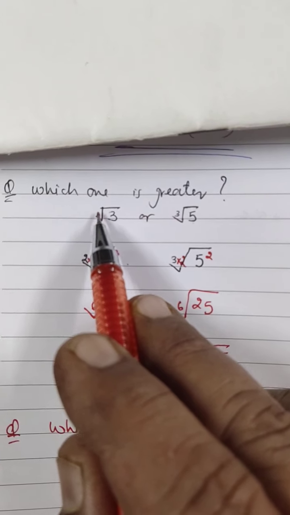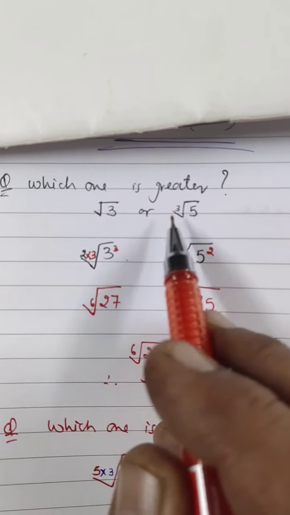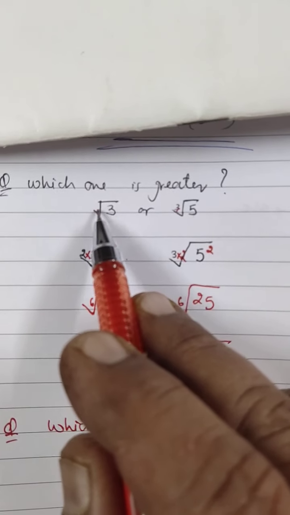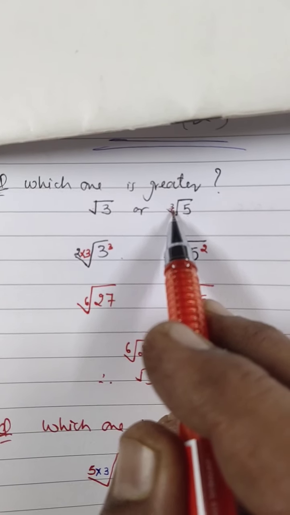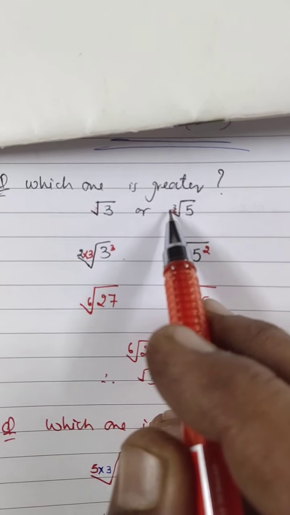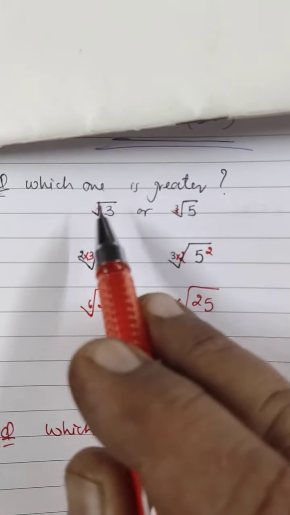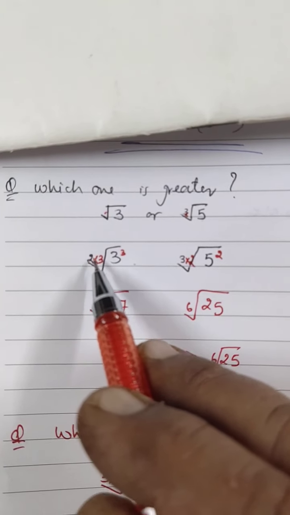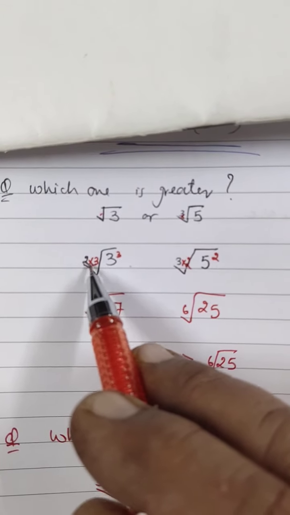So for that we have to find the LCM of these two values. We know it is a square root, so there is a 2 over here. This one is a cubic root, so 3 is there, and the LCM of 2 and 3 is 6. So we need to make 6 at the two places. Now to make 6 at this place, I need to multiply with 3.